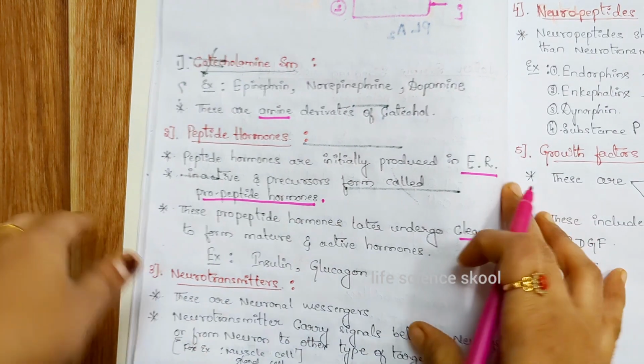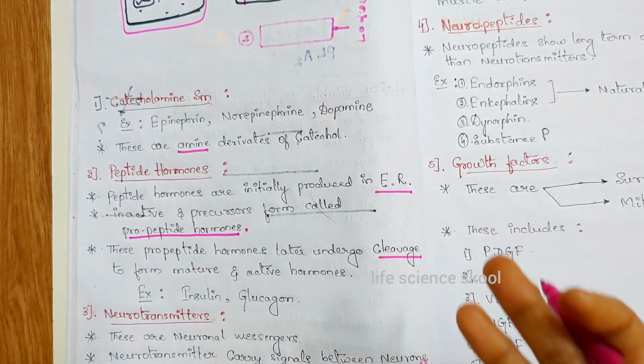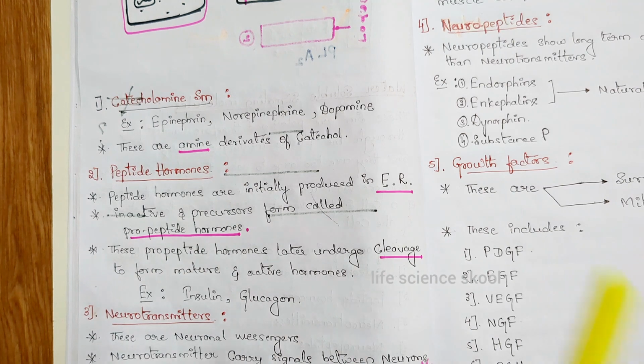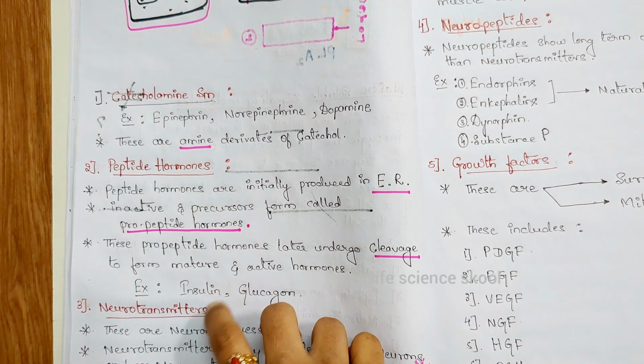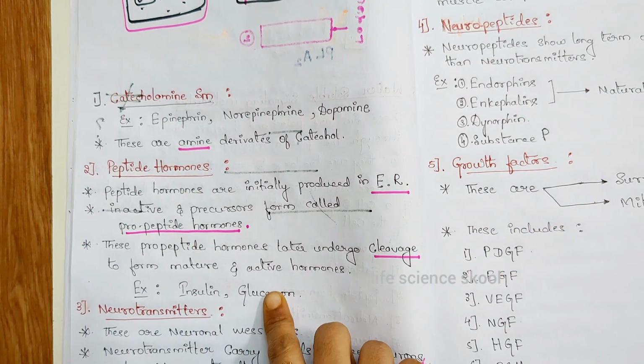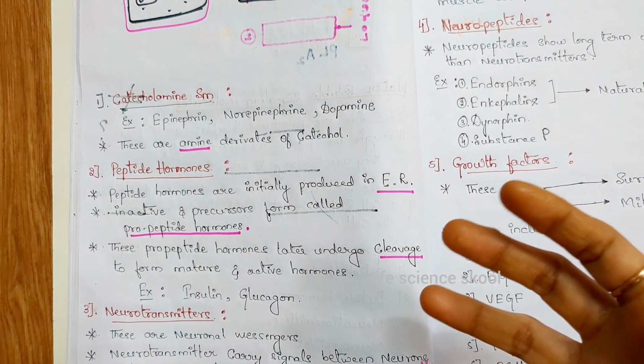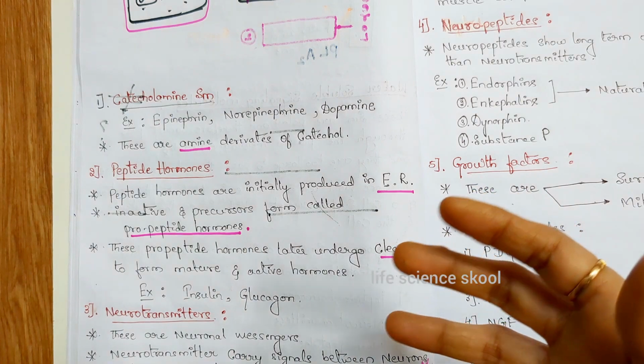Do remember one key point: you should remember the examples very well, because when we are studying the pathways, we will be talking about insulin or glucagon, how the signaling pathway takes place, what receptor is present, and what signaling molecule is included.